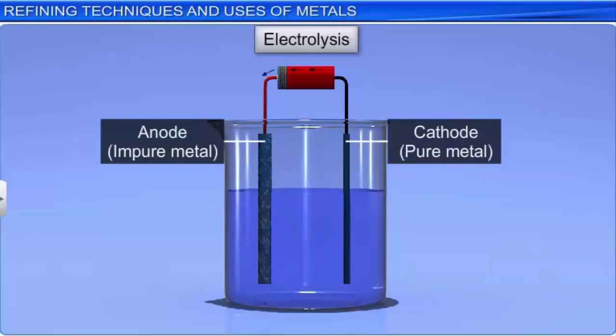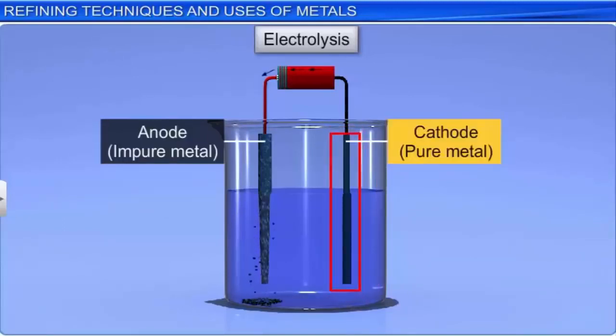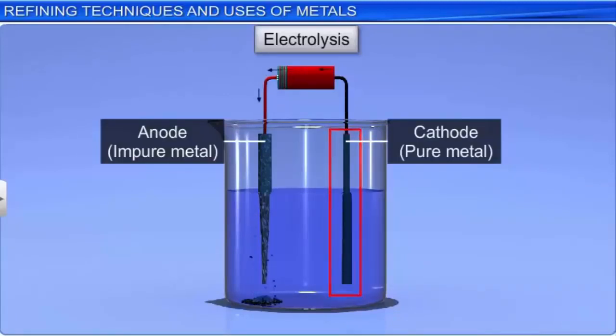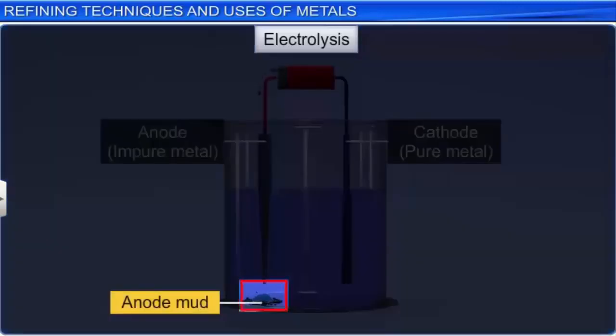On passing electricity, pure metal is deposited on the cathode. The more basic impurities go into the solution, while the insoluble impurities, particularly the less basic ones, settle at the bottom of the anode as anode mud.